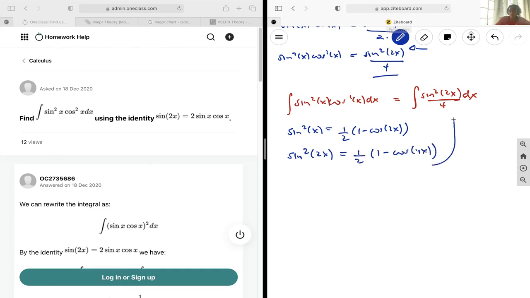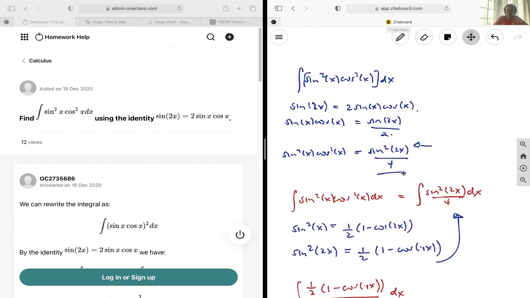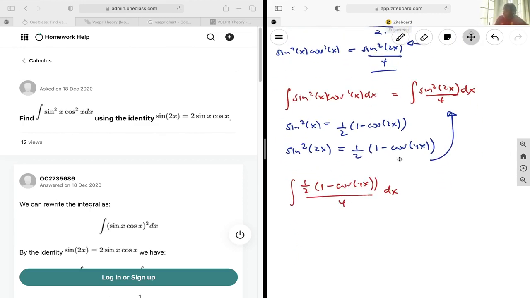And so again, put that right back in. And so we will get the integral of 1 over 2, 1 minus cos 4x, over 4 dx. And then it will be easier to find this integral than the first one. And so we just proceed.